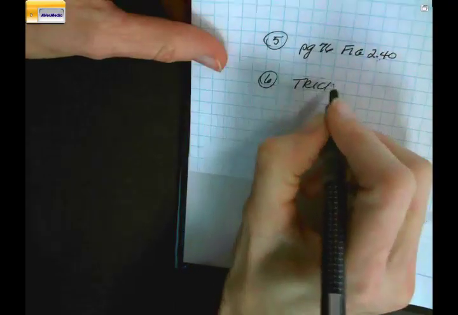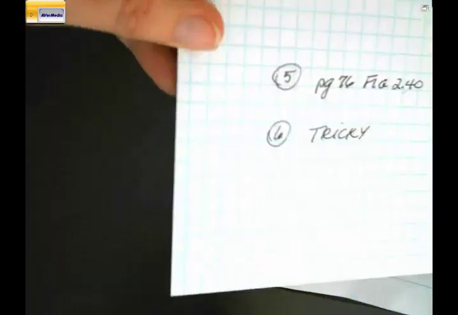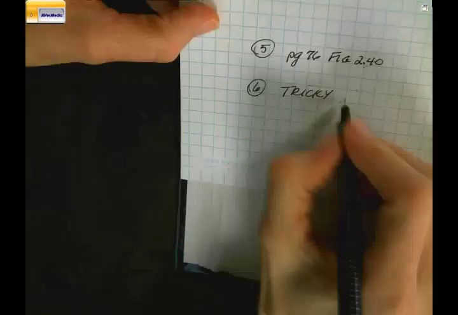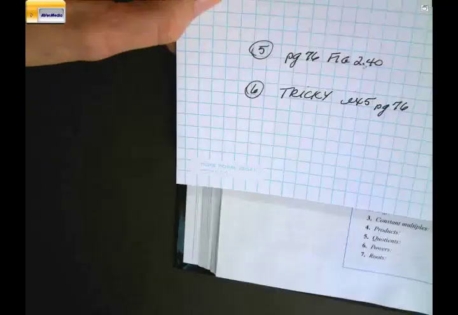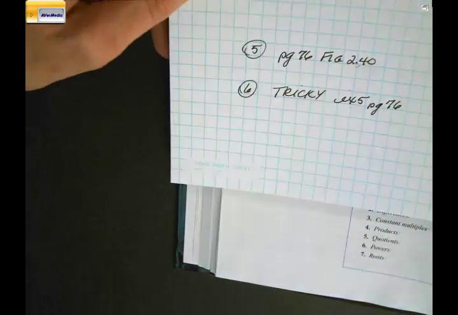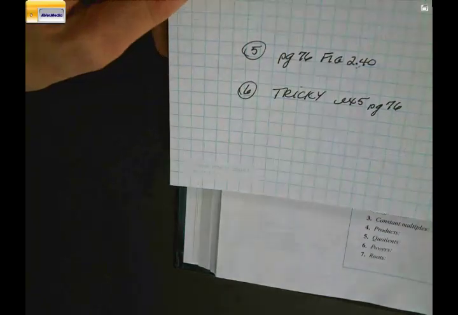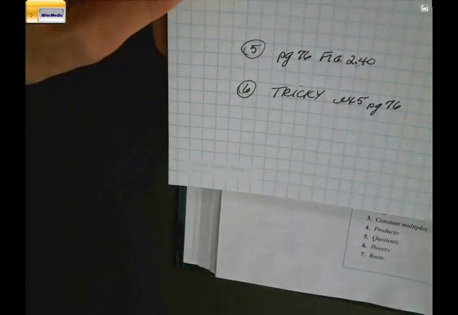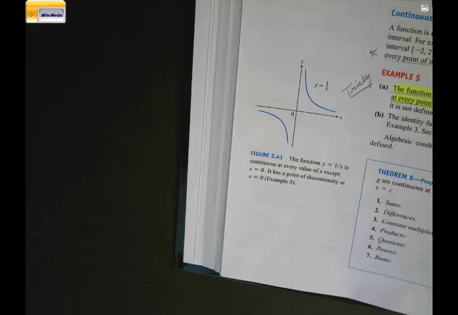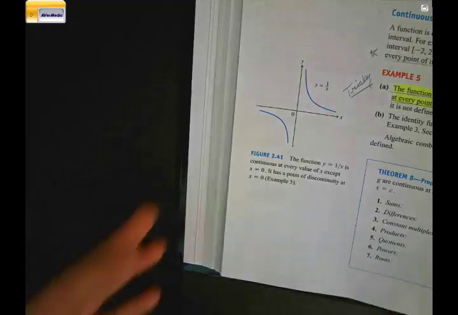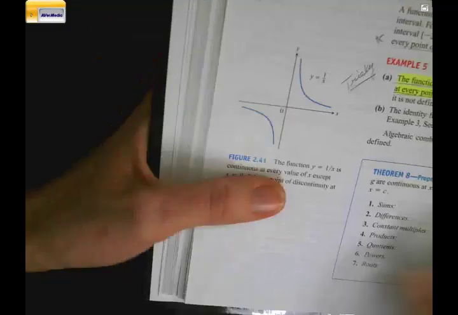But there's a little bit of a tricky situation here, and this tricky situation is explained in example 5, also on page 76. And I'm not going to emphasize this because they don't use it at all in their homework whatsoever. I have not seen anything in their homework that's going to address this situation. I'm going to show it to you, but don't put a whole lot of weight on this, or don't worry about this because you're not going to see it.